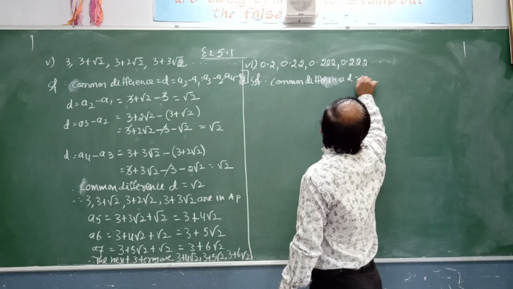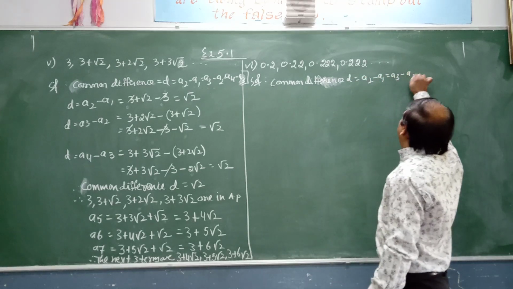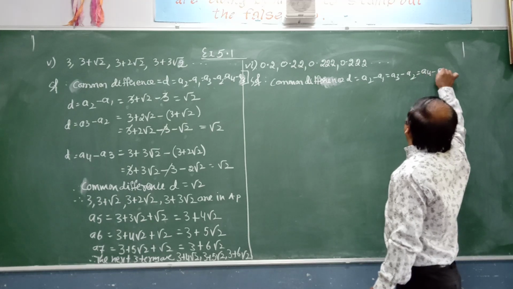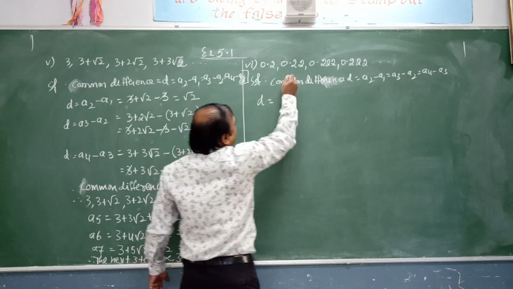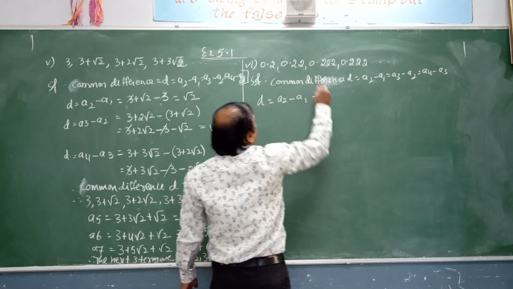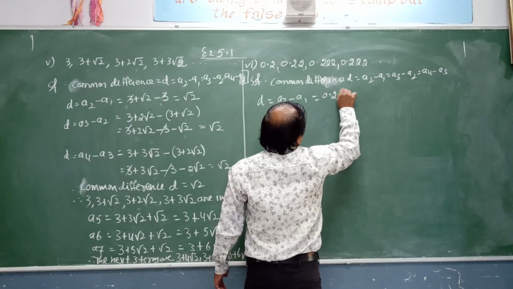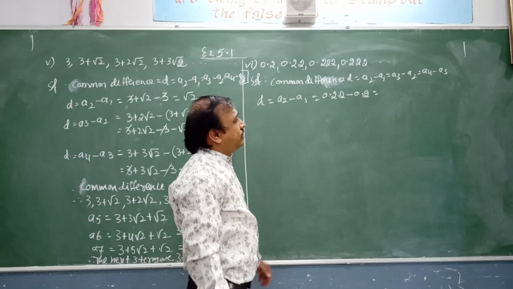Common difference d is equal to a2 minus a1, which is equal to a3 minus a2, which is equal to a4 minus a3. So d is equal to a2 minus a1. What is a2? 0.22 minus 0.2. How to subtract this?